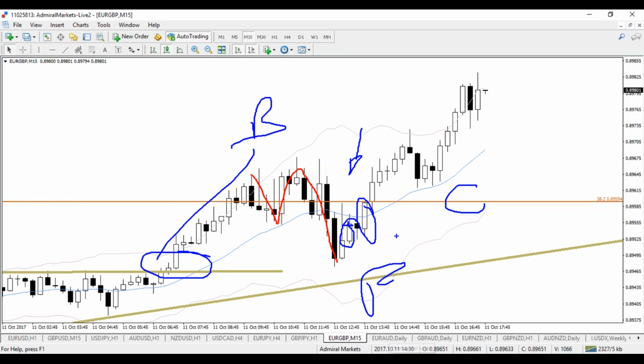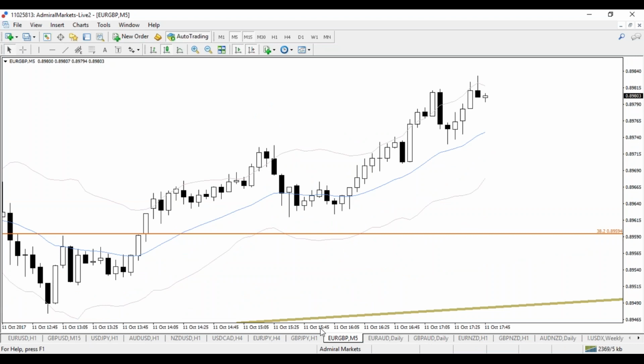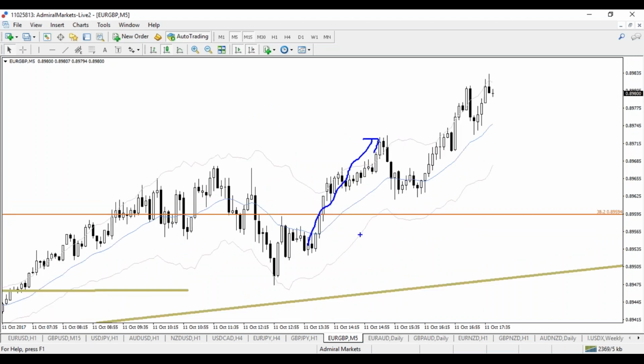Or even on a 5-minute chart, if we zoom in. So we get the continuation, right? Where would be a potential setup? We would be looking for some kind of pattern, probably on the 5-minute chart at the very least, to get some continuation there. And well, we don't see really.